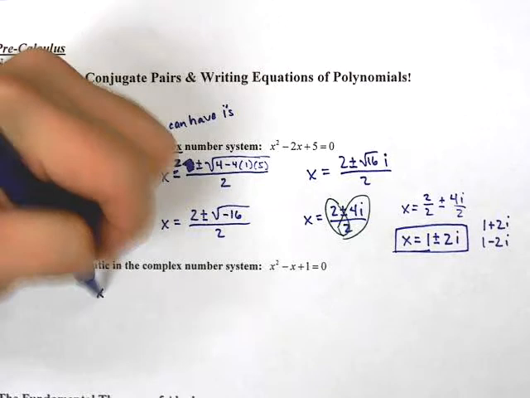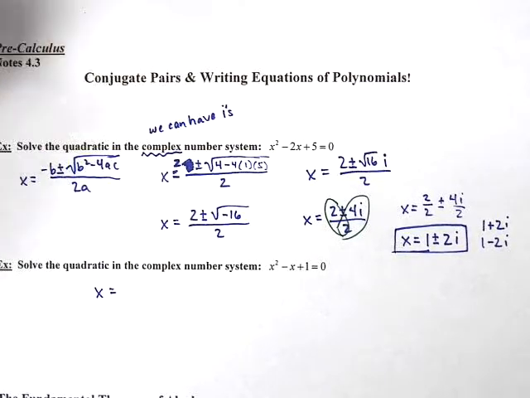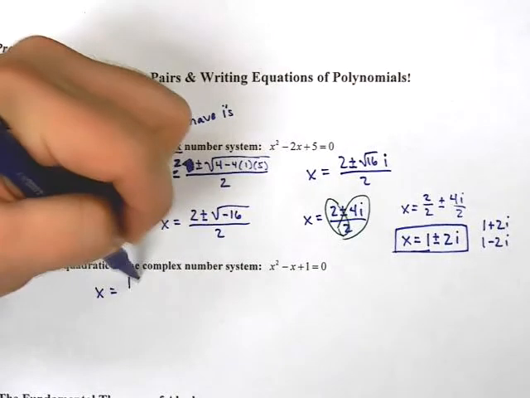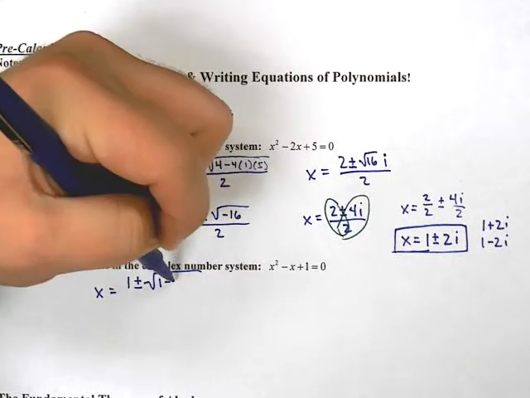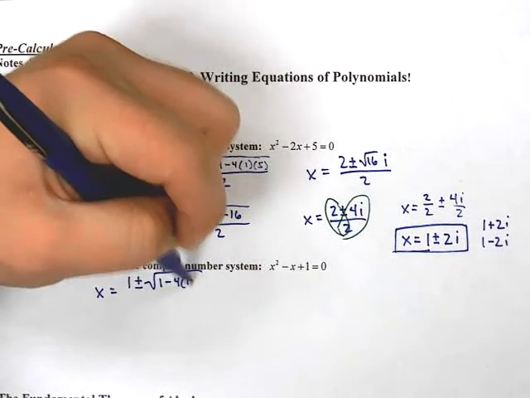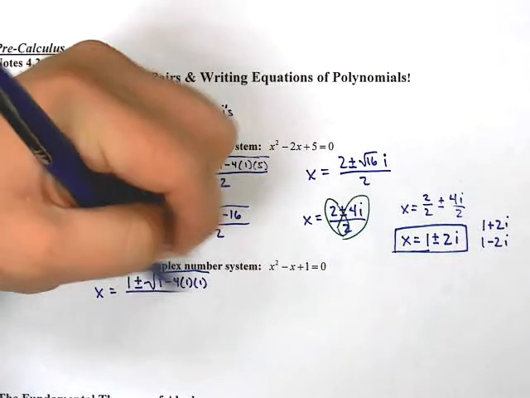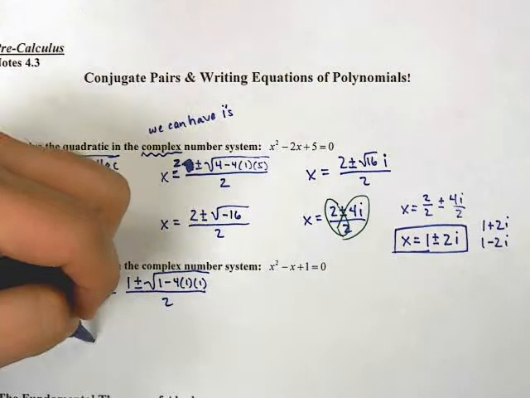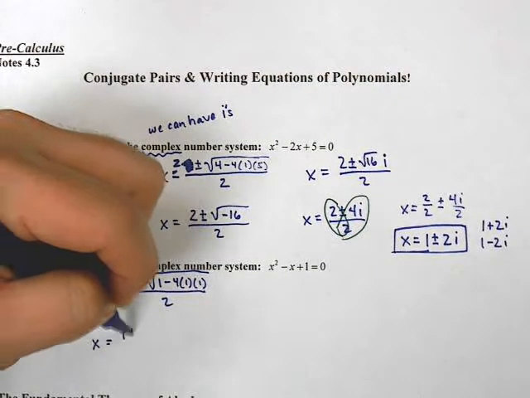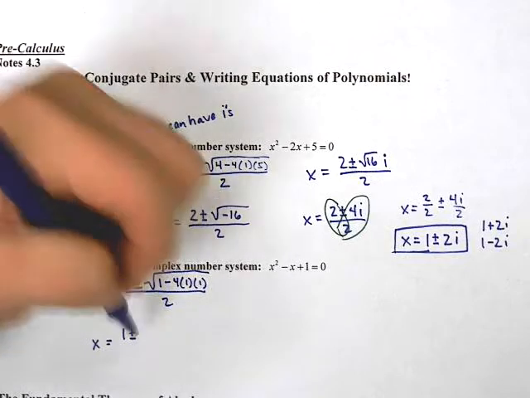So x is equal to, let's see, negative b, so 1 plus or minus the square root of 1 minus 4 times 1 times 1 all over 2. We can do this. x is equal to 1 plus or minus, what do we got there?